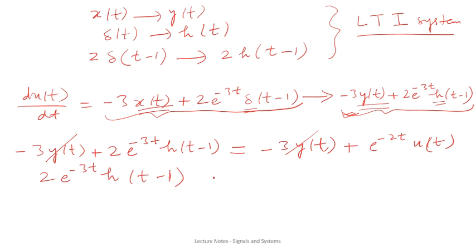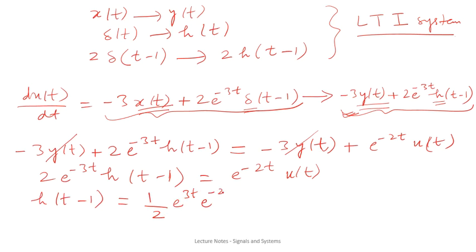This is t minus 1 e raised to the power minus twice t u(t). h(t minus 1) will be equal to 1 by 2 e raised to the power minus 3t and minus 2t u(t), which can be further simplified to 1 by 2 e raised to the power t u(t).